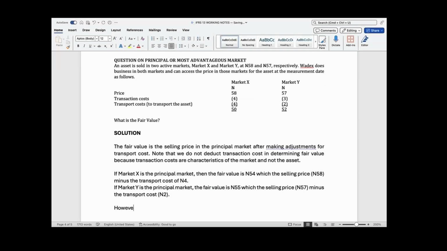However, in the absence of a principal market, we will use the most advantageous market, which is the market that generates the highest return for the seller.